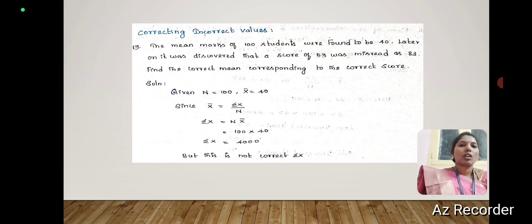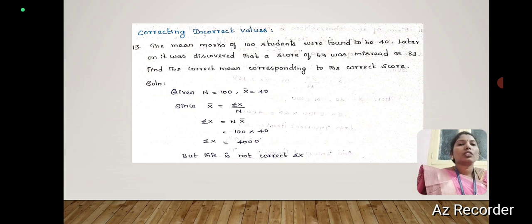Later on, it was discovered that a score of 53 was misread as 83. Find the correct mean corresponding to the correct score. So two values are given, one is n and another one is mean. But this is not the correct mean value. We have to find the correct mean value.